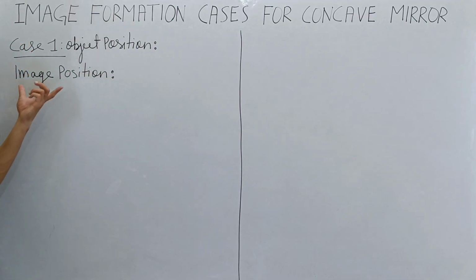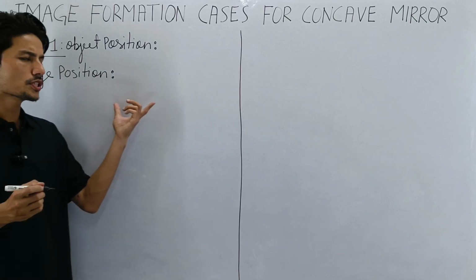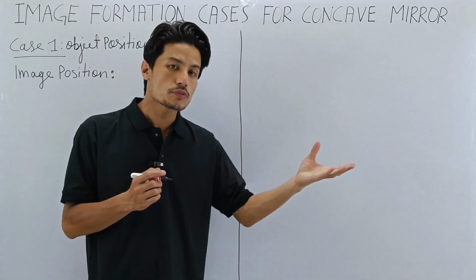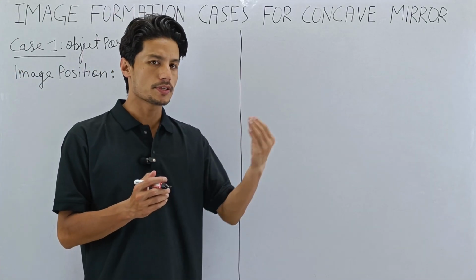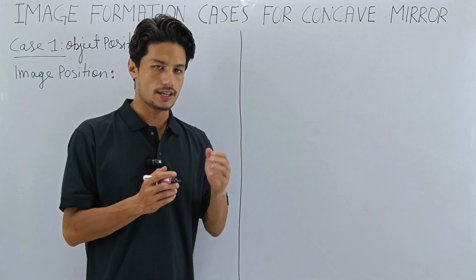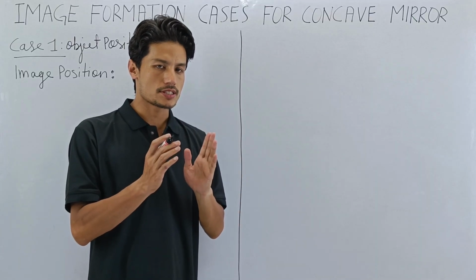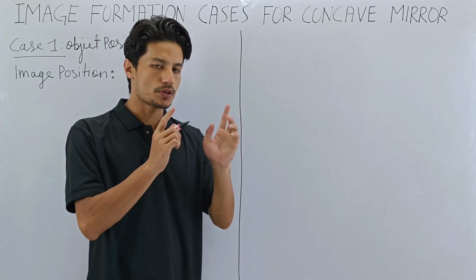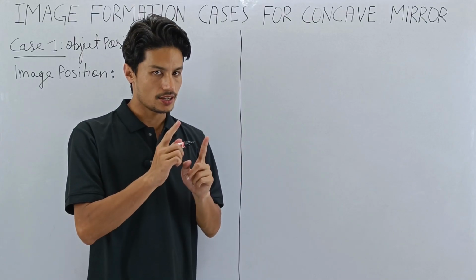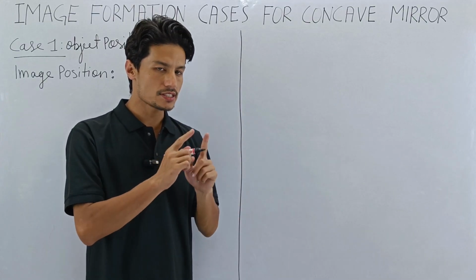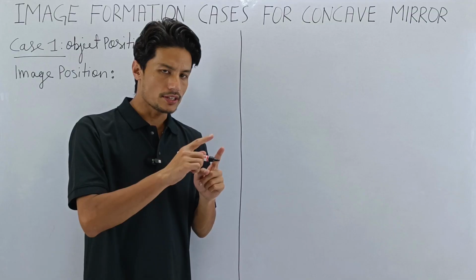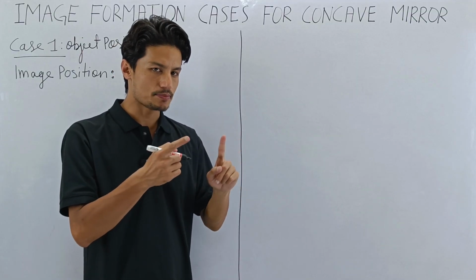Then what could be image position? Image position here refers to the position of the image with respect to the mirror. Where is the image formed? And let me remind you, my dear students, that to study the image, we study the reflected rays, at the point where 2 reflected rays meet.